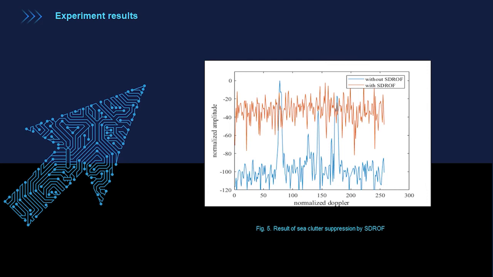The results obtained by CDROF are shown in Figure 5, and it indicates that it doesn't accurately estimate the C-clutter in the high-frequency surface wave radar system.